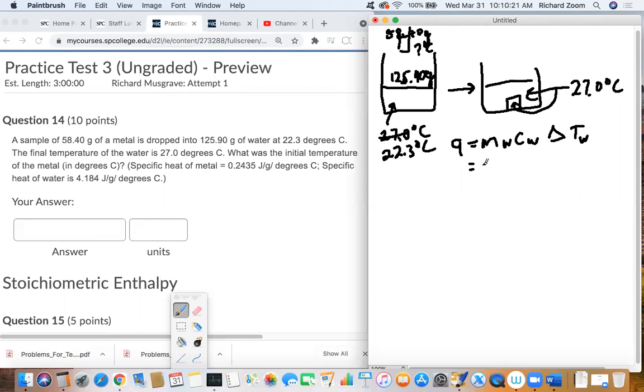So we're looking for the mass of the water times the heat capacity and the change in temperature, which is going to be 27.0 minus 22.3.